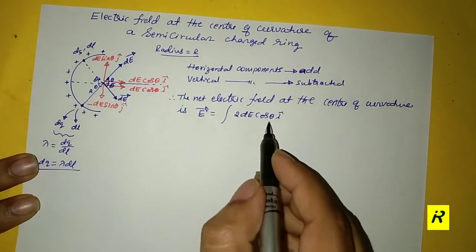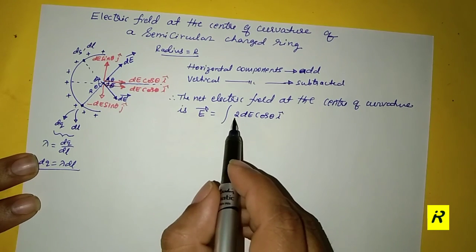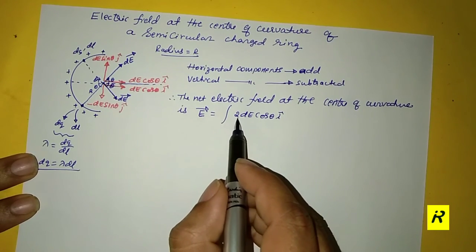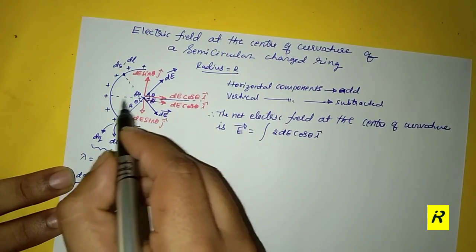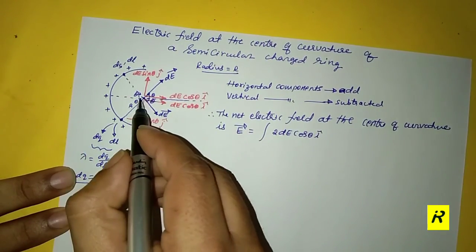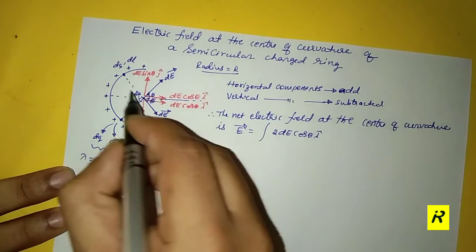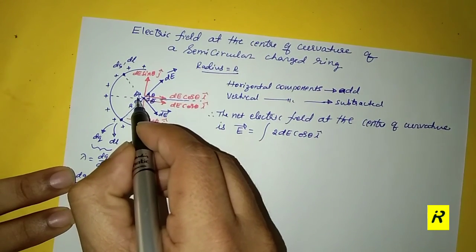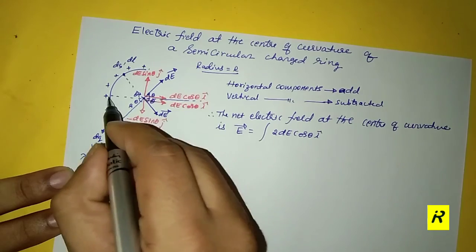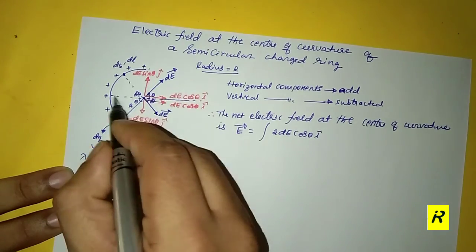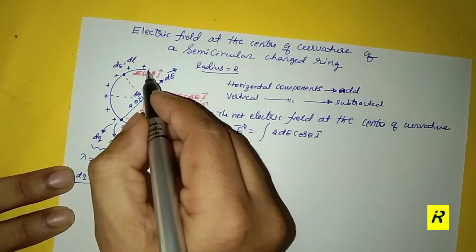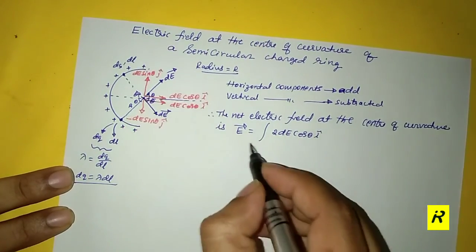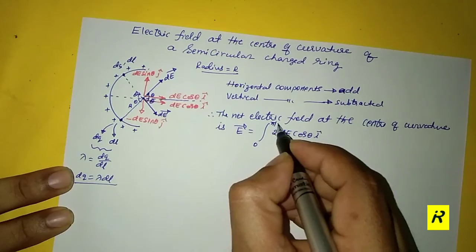Since I already chose two components, 2 times dE cos theta, I should only take the integration from theta equals 0 to 90 degrees. Okay, so only above this axis, otherwise below this axis till it reaches the end. So that means 0 to 90 degrees, pi by 2.